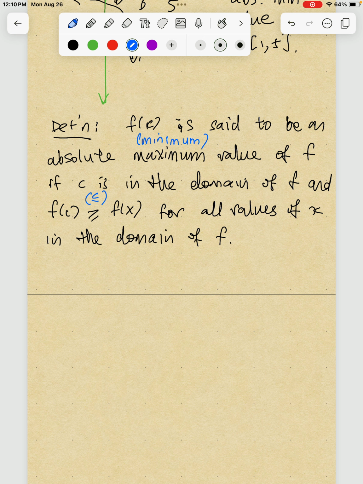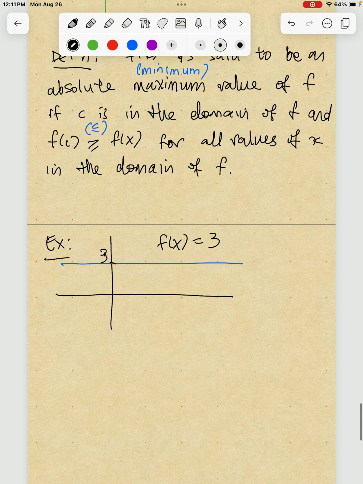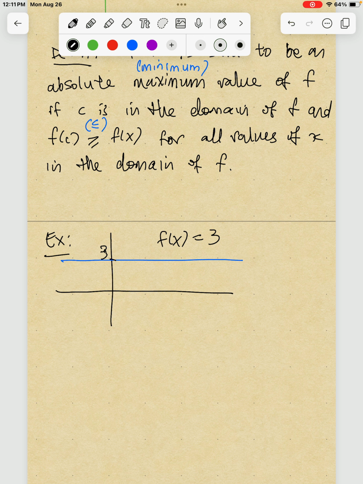Let's look at some examples. I didn't do this example previously, but maybe I could have. Let's just look at a constant function, f of x equals 3. Does this have an absolute maximum value? Well, intuitively, you might say no, because there's no value that's bigger than all the others.